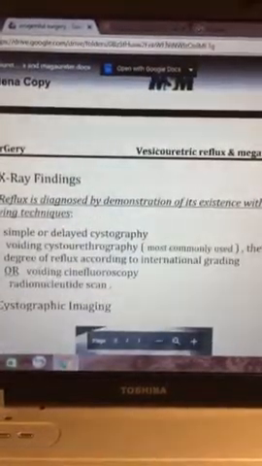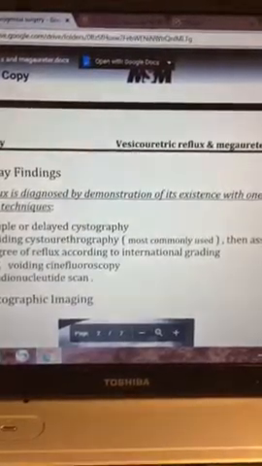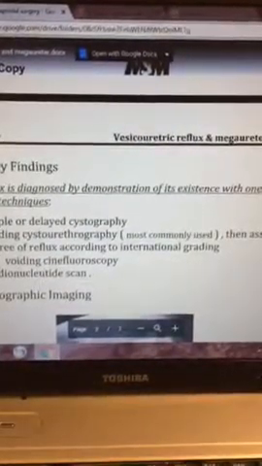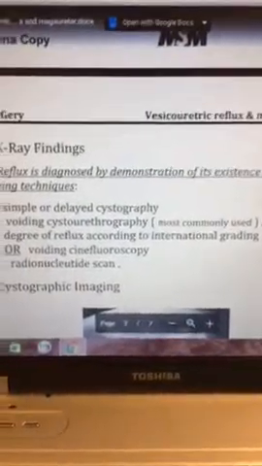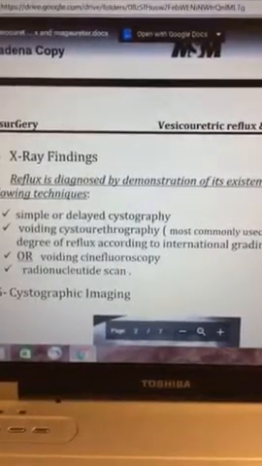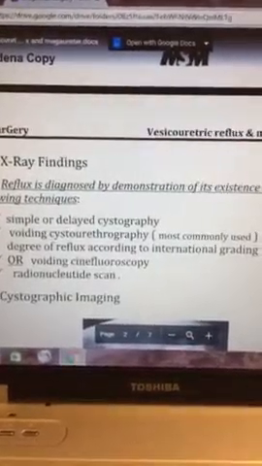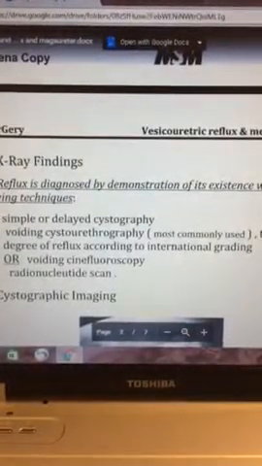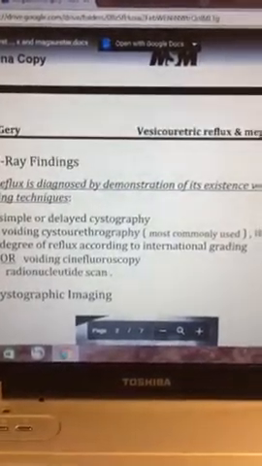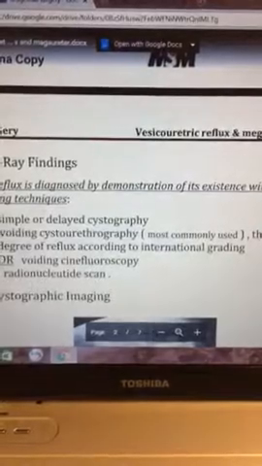X-ray findings: reflux is diagnosed by demonstrating its existence with one of the following techniques: simple or delayed cystography, or voiding cystourethography, which is the most commonly used. Then assess the degree of reflux according to the international grading. We're talking about the grades.